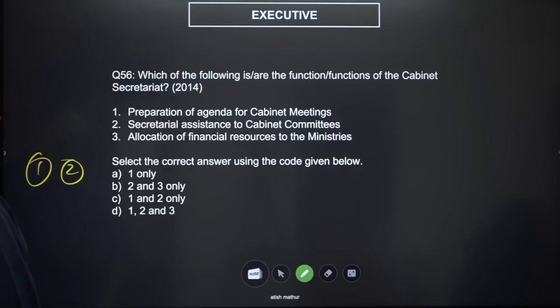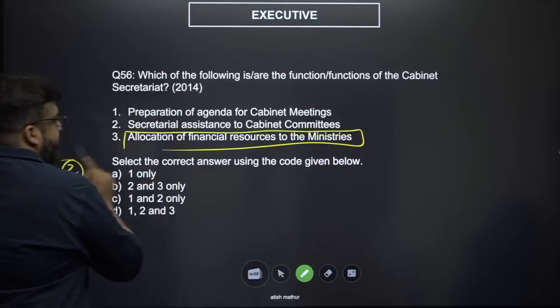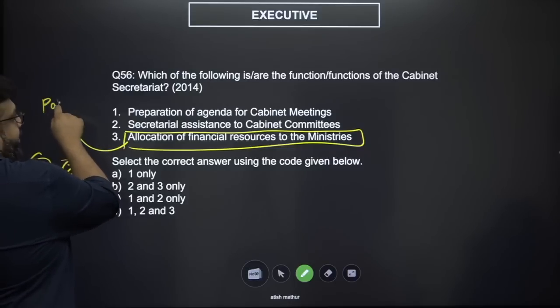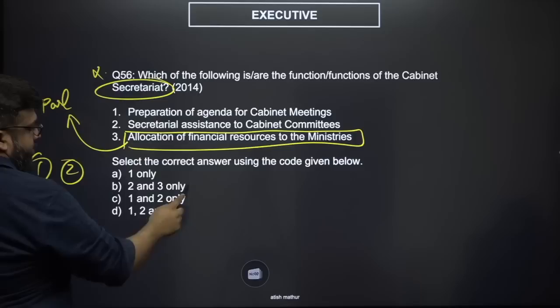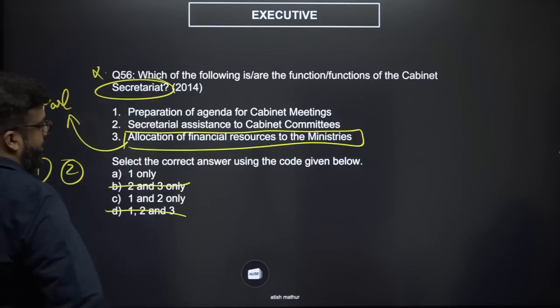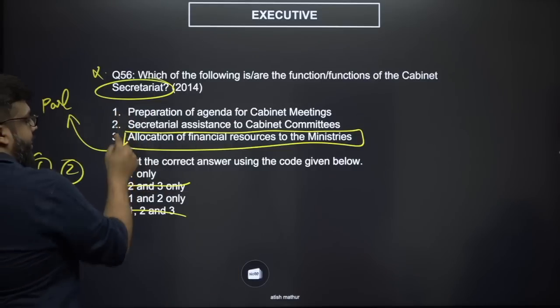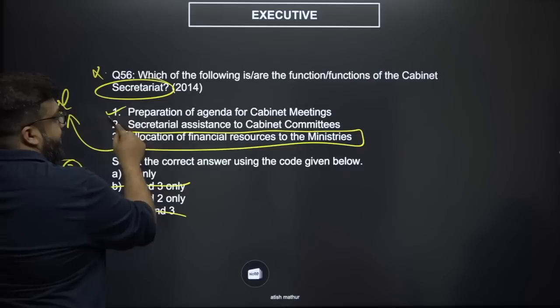Now, allocation of financial resources to ministries is nothing but the budget, and this requires a sanction of the Parliament, and a secretariat cannot do that. So any option which has 3 in it automatically gets eliminated. Now you have 1 and 2 only, which means 1 is definitely correct.